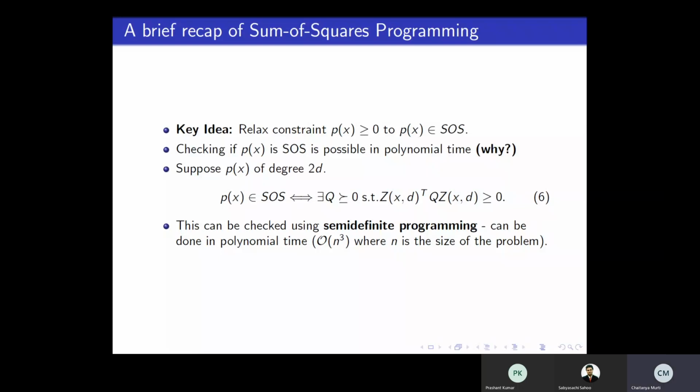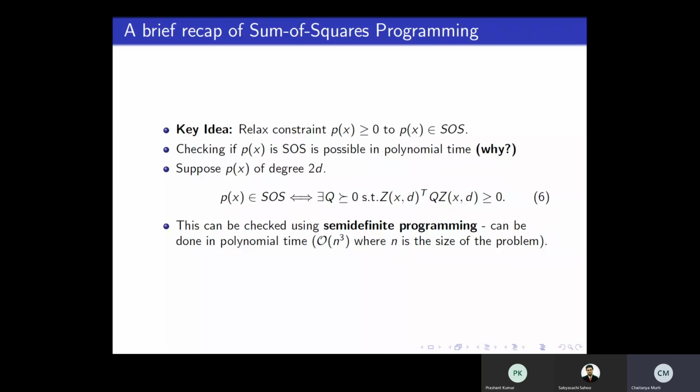Now, why is this tractable? Well, there's this theorem, which I proved in that earlier talk. P of x is sum of squares is equivalent to saying there exists a PSD matrix Q such that Z transpose QZ is positive. Or rather, this is not correct: Z transpose QZ is equal to P. Of course, it's positive by definition.